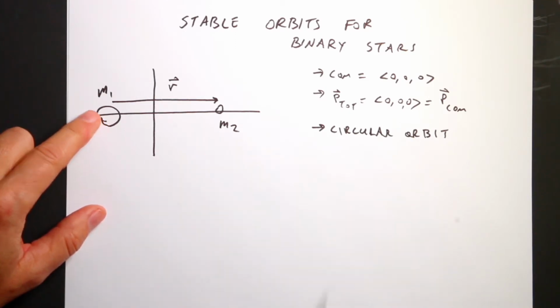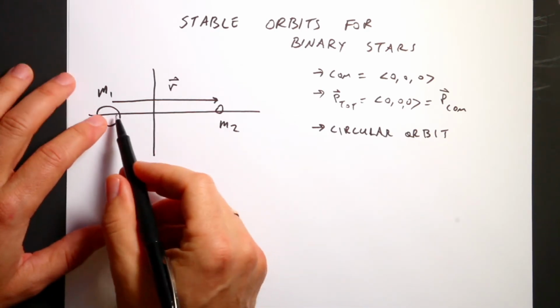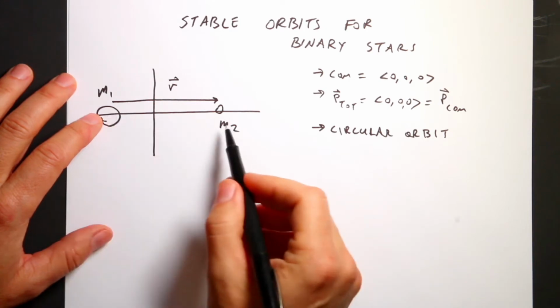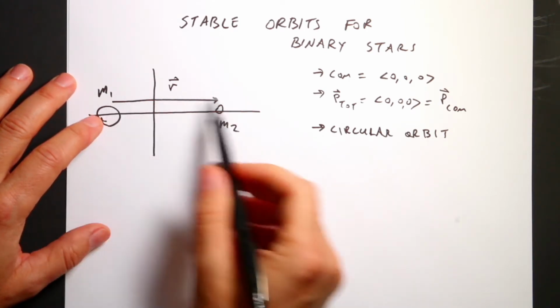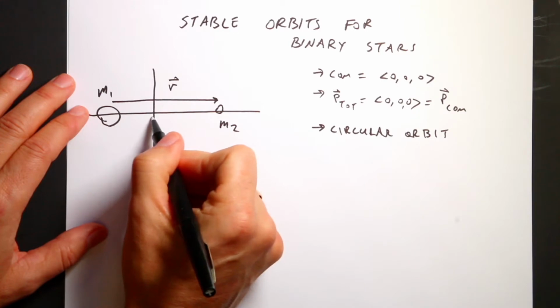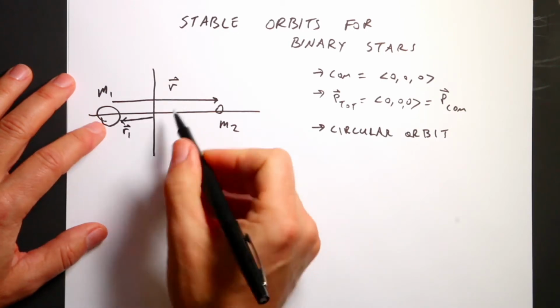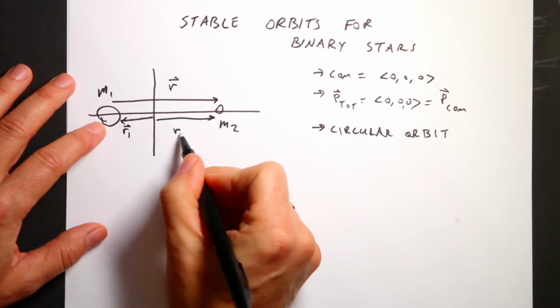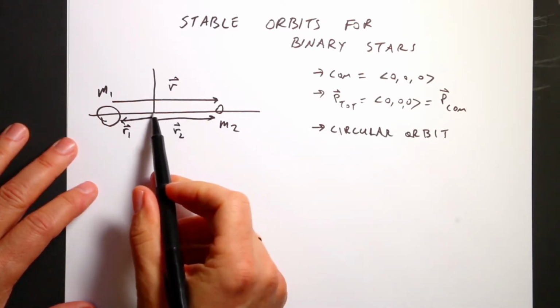So let's start with the center of mass. I'm going to say that star 1 has a mass m1, star 2 has a mass m2. The distance between them is some set distance that they're going to orbit at. So let's first find this. I'm going to say this is R1, the vector location of star 1. This is R2, the vector location of star 2, and I want the center of mass to be at the origin also.